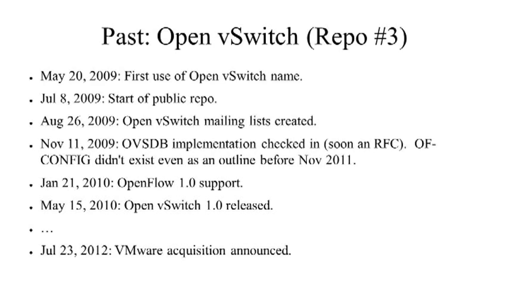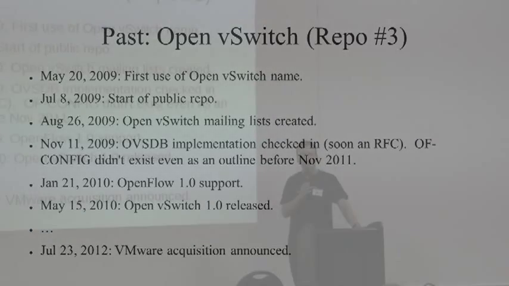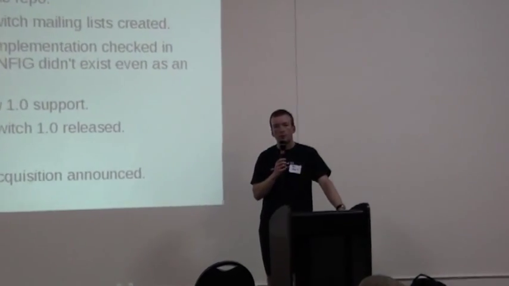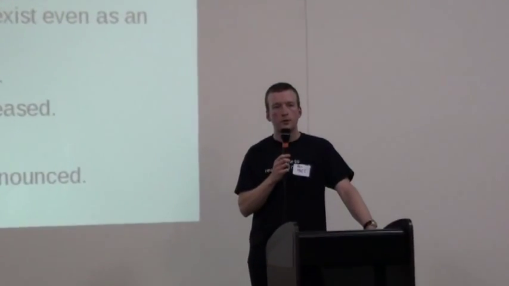But if we make it public and open source, then in addition to being useful to people for other reasons, it's useful to us. OpenVSwitch everywhere became a goal at that point, and so we started another repository, the OpenVSwitch repository, starting from the code that we'd written for vSwitch-D, and we created some mailing lists.